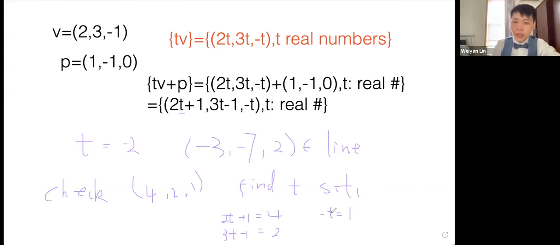So when you plug in t equals 1 here, 3 minus 1 is 2. That's good. The second equation also tells you t. Wait, hold on a second. The third equation tells you t is equal to minus 1. The second equation tells you t is equal to positive 1. And the first equation tells you t has to equal 3 over 2.